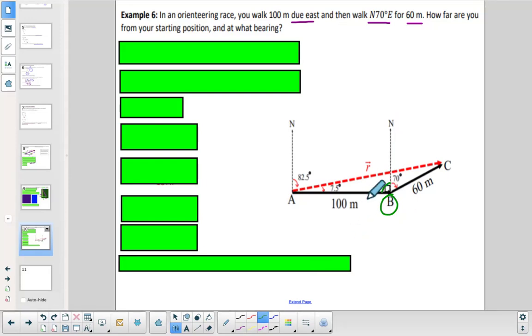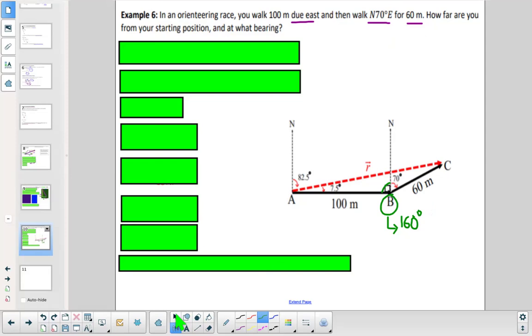So 90 degrees plus 70 degrees means that my total for angle B is 160 degrees. Before I've even performed any step, when you're drawing your triangle, you're really trying to pay attention to what the information you're given implies about your triangle diagram.